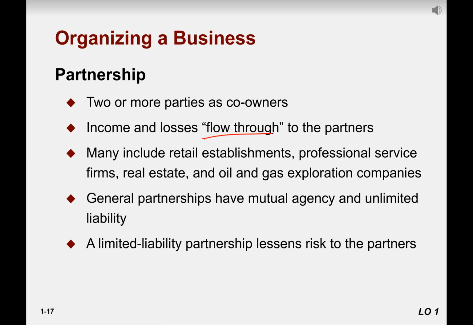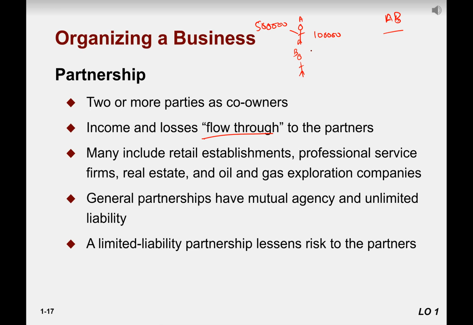We were talking about follow through, right? So for example, we have two partners, partner A and partner B, and we have the AB company. In AB company, partner A has invested, for example, 100,000 and his personal wealth is 500,000, so total wealth 600,000, of which 100,000 he invested in AB.